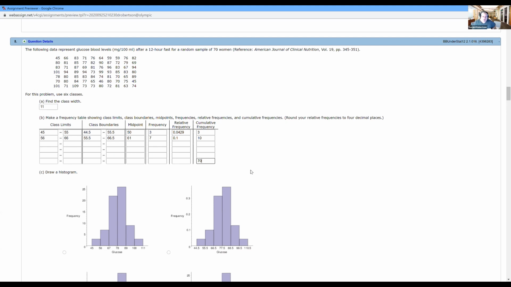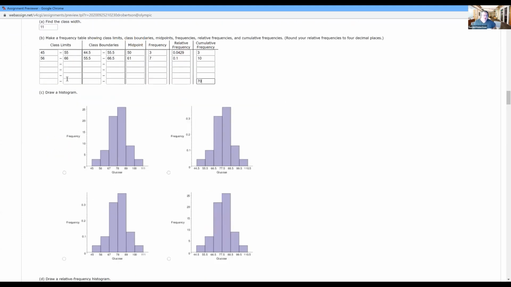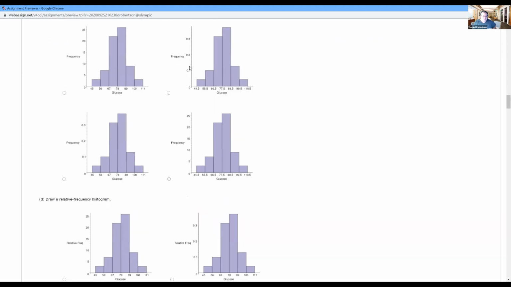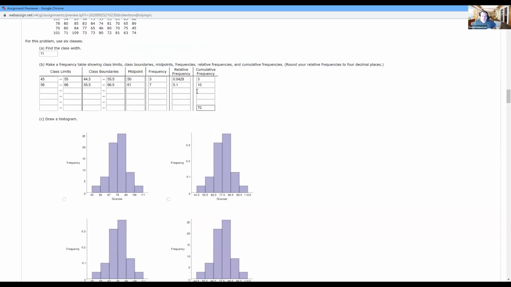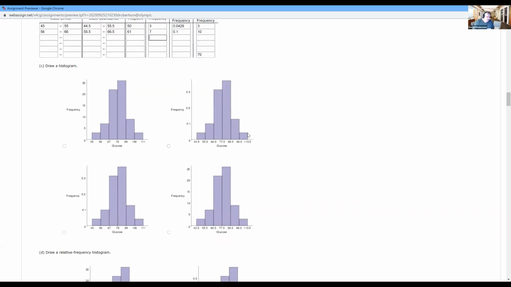Phew. Now, since I don't have the whole picture here, can you see that there are 4 histograms, and one of these 4 histograms will be the right one for this data, won't it? So once you know all these numbers, you should be able to do it. Actually, I should be able to kick out 2 of them already. Won't I kick out this one and this one?